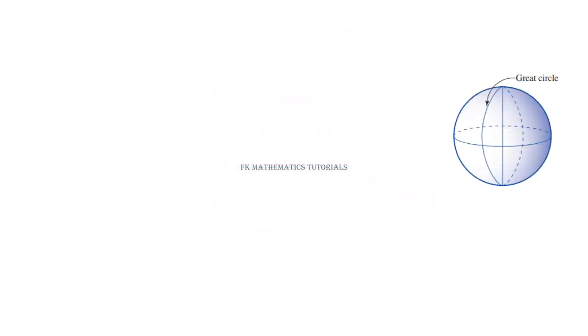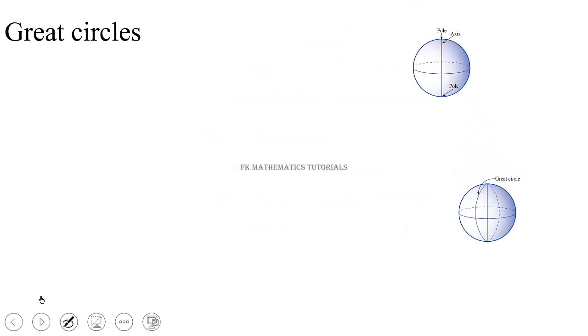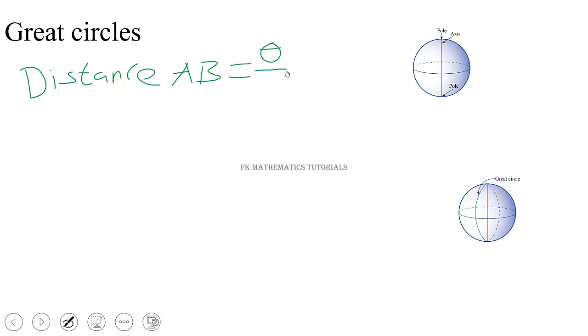The formula we use to find the distance along the great circle is given by, let's say, the distance between any 2 points on the Earth's surface, let's say AB. So from A to B will be given by theta over 360 degrees times 2 pi r.